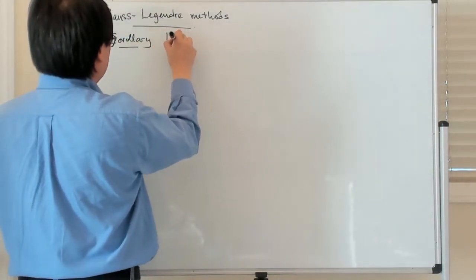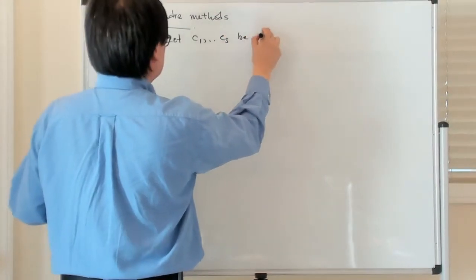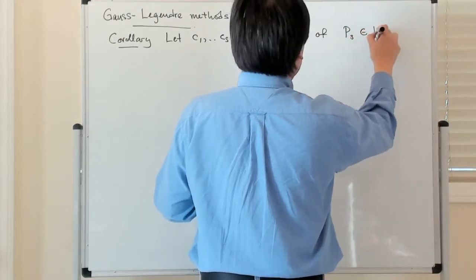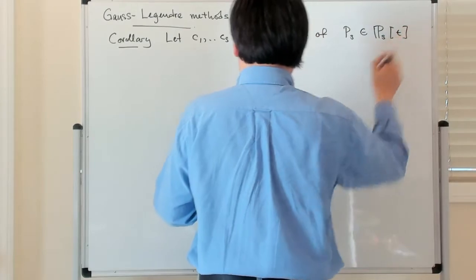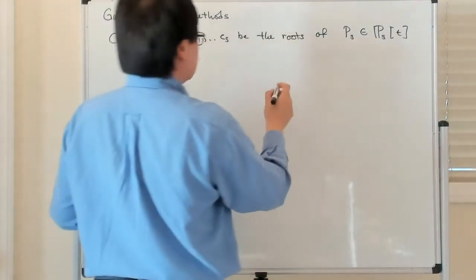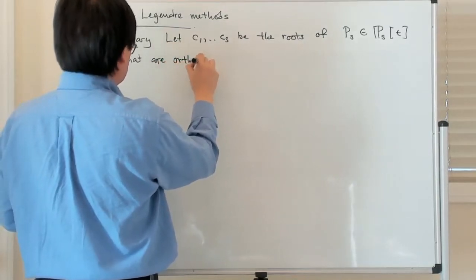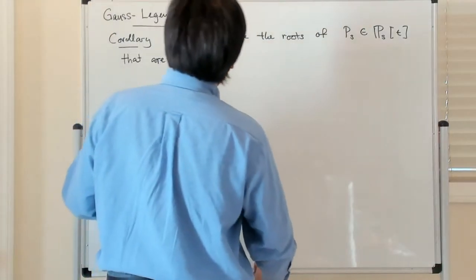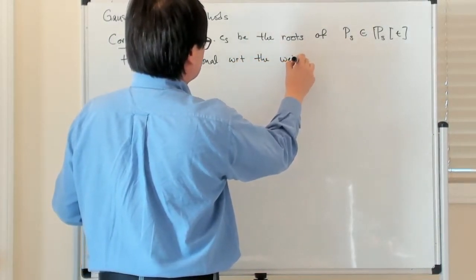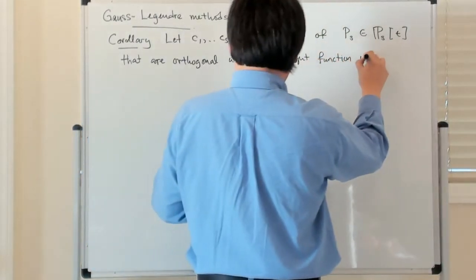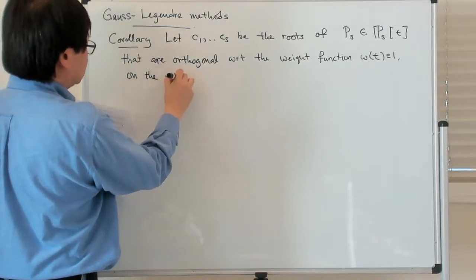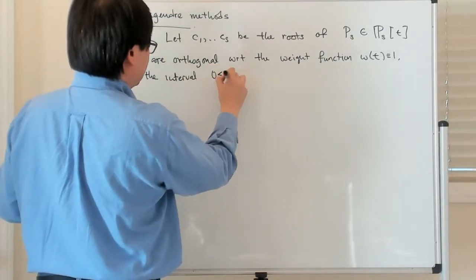Right, so let's say you have c_1 to c_s be the roots of some polynomial P_s, which is in the space of polynomials of degree s on t, that are orthogonal, well, I should say orthogonal with respect to what kind of weight function, with respect to the weight function omega(t), which is just identically 1, on the interval t between 0 and 1.